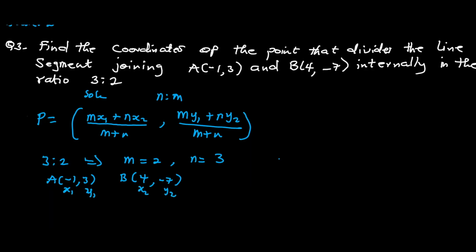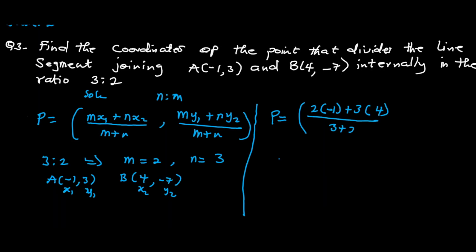So we substitute everything into the formula, and then we're going to have P, which is our new point or coordinate. We have 2 times our first coordinate x1, which is -1, plus our n, which is 3, times our second coordinate, which is 4, all over 3 plus 2.